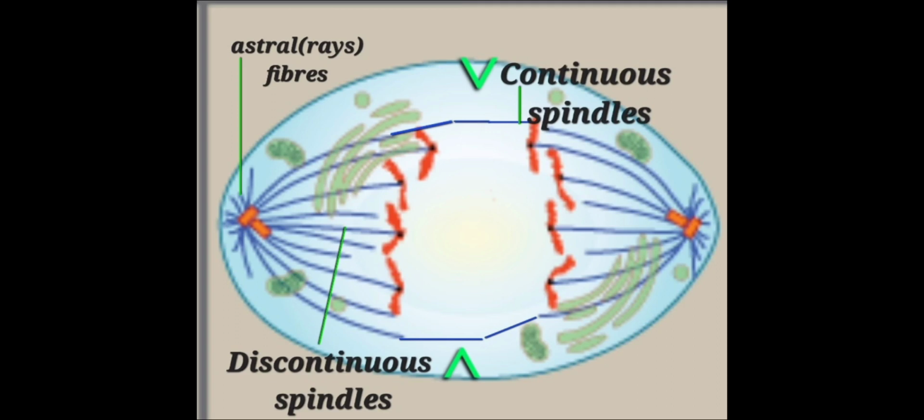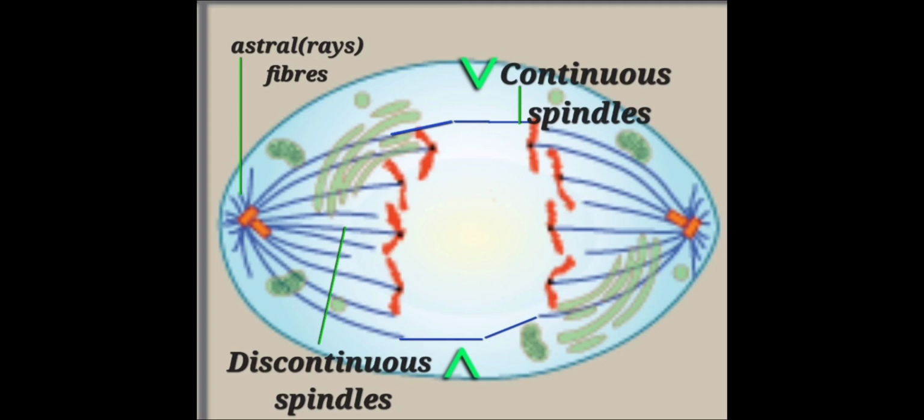This separates the sister chromatids, which get pulled to the opposite poles. Then the cohesive proteins that held the chromatids together break down. A fiber appears where the centromere was split. This is called the interzonal fiber.